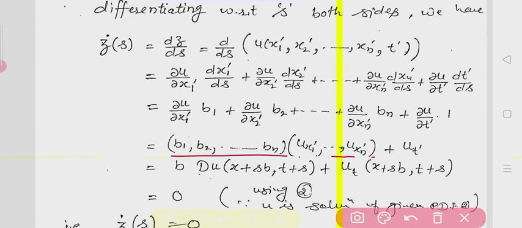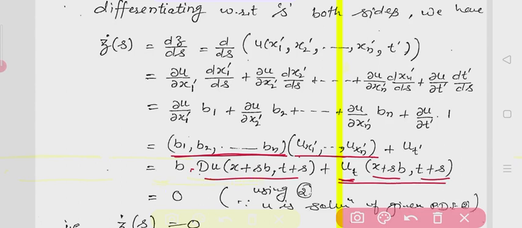So this is nothing but vector b dotted with the gradient Du, so b into Du plus ut, okay? And t dash we have written in this form, that means u of x plus sb and t plus s, this is the ut of this one, right?